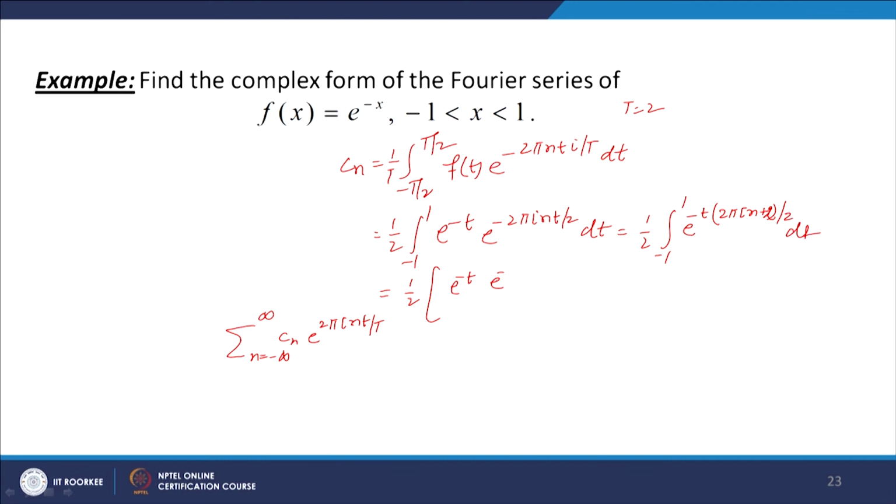Then we can integrate. So, we get here e to the power minus t (1 plus i n π) divided by minus (1 plus i n π), and we put the limits minus 1 to 1.